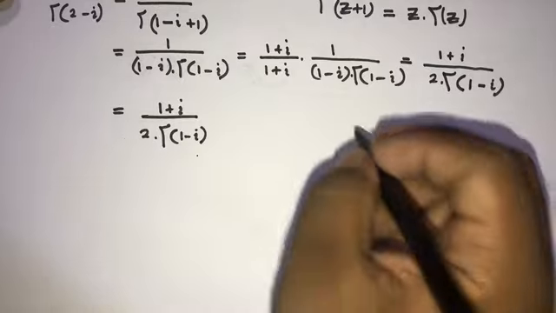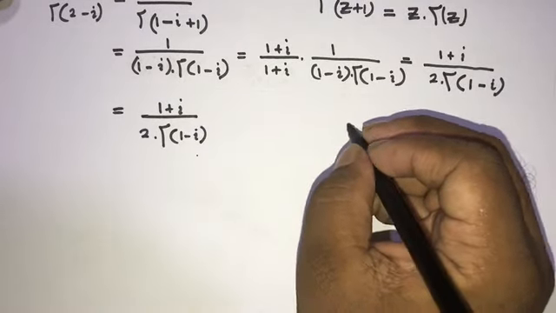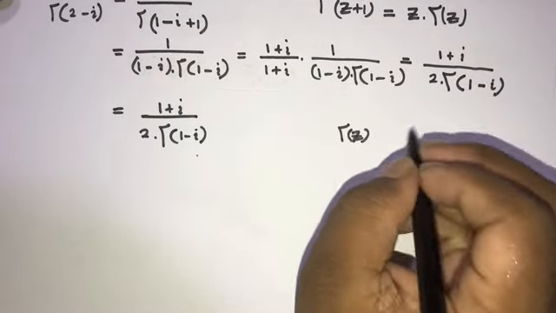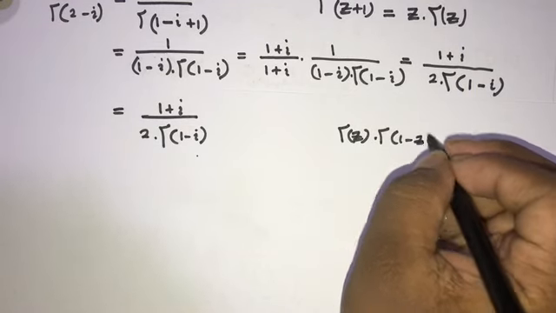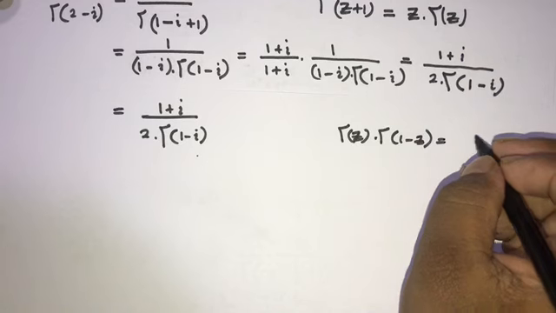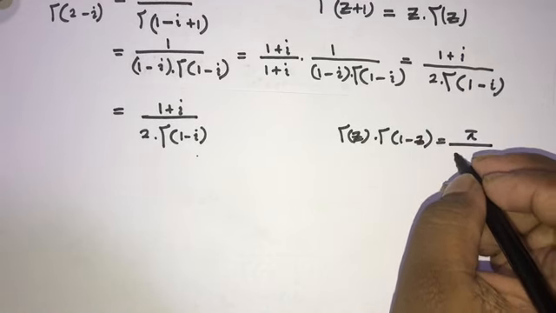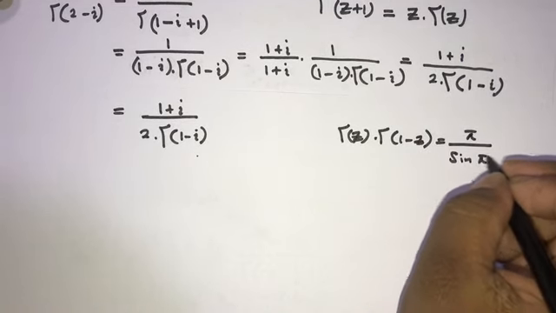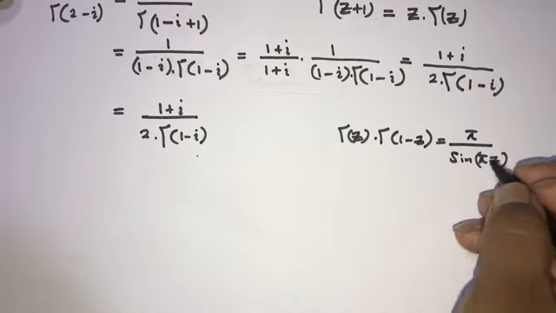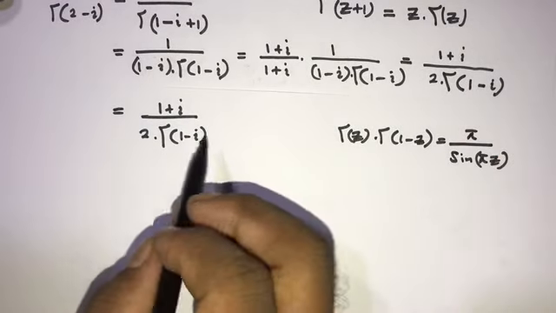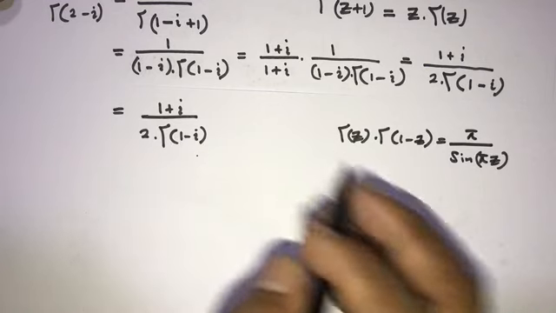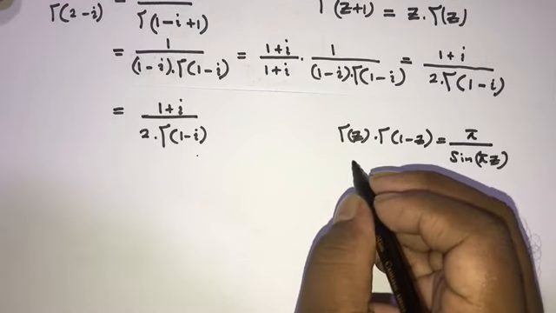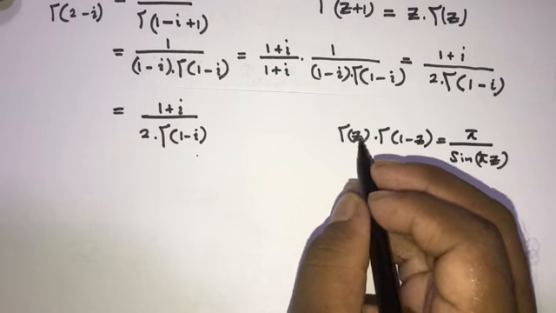We know Euler's reflection formula: gamma of z times gamma of 1 minus z is equal to pi over sine of pi z. Now we need gamma of 1 minus i, so I substitute i for z.